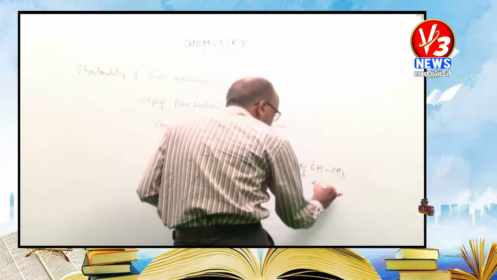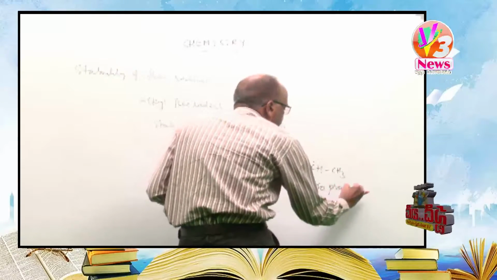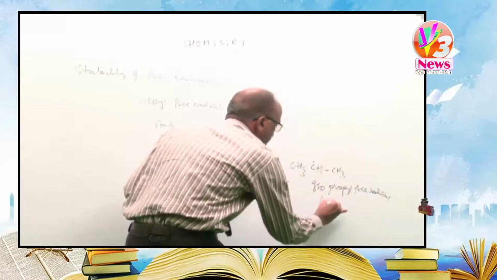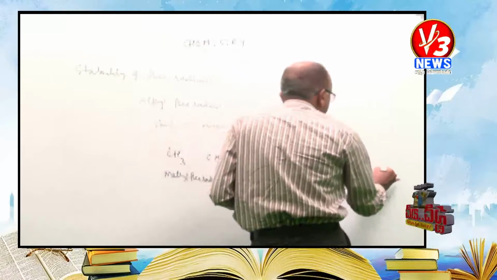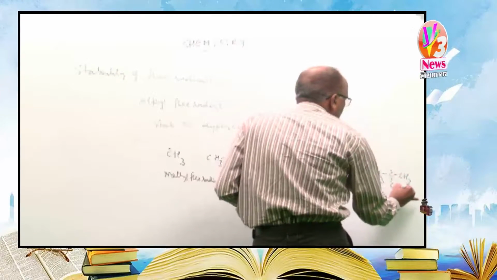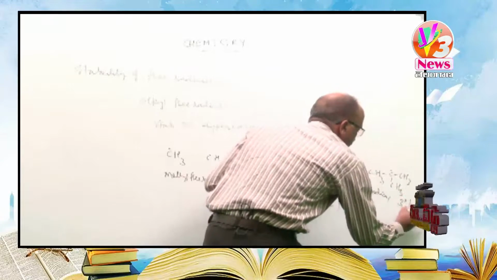Isopropyl free radical is a secondary free radical. Now, tertiary butyl free radical. This is a tertiary alkyl free radical.